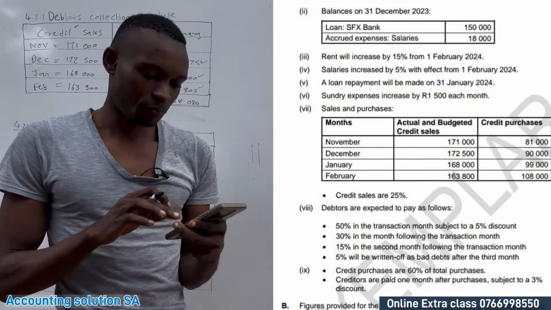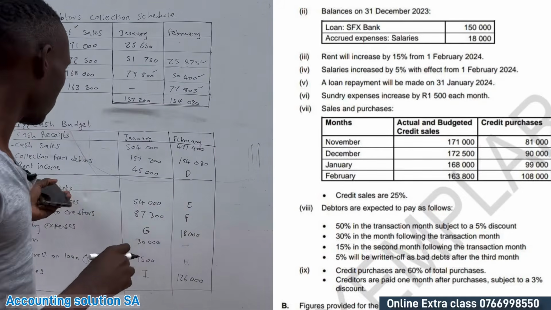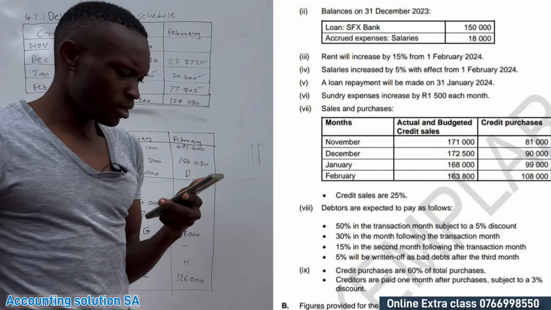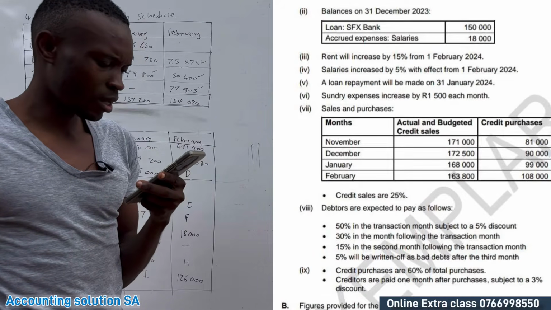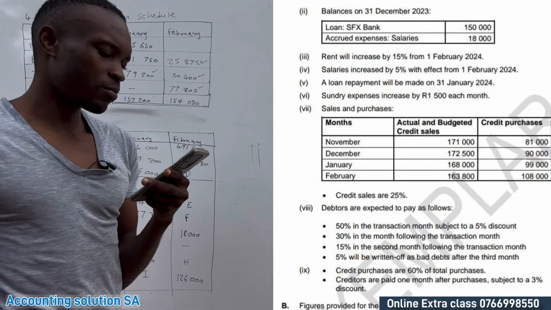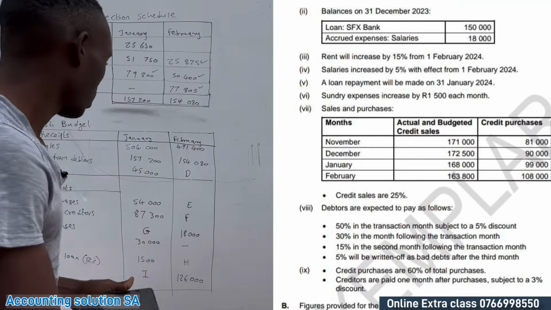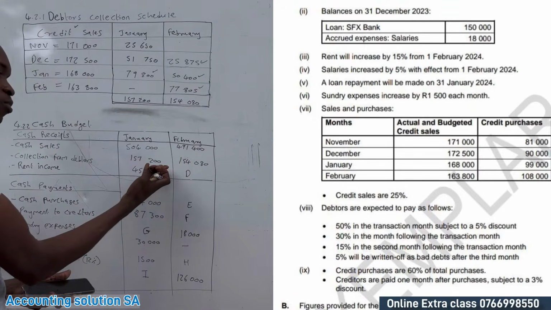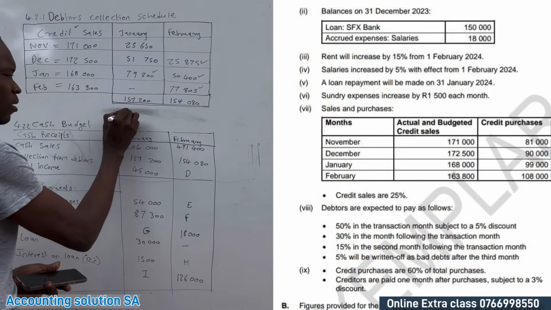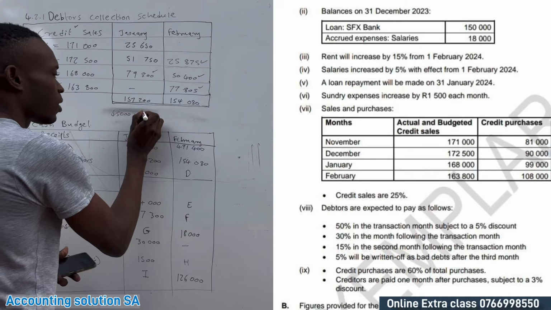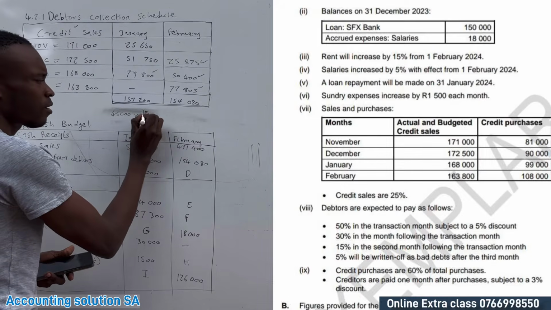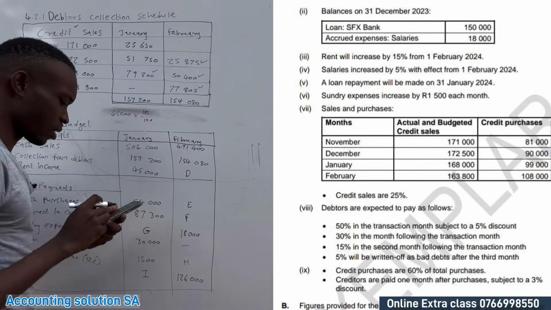Very simple. Number D is talking about rent income. Rent income, let's take Roman figure number 3. Rent will increase by 15% from February. In January it was 45,000, and they say now it's going to increase by 15%. You can just say 115 over 100, and you get the straight answer.